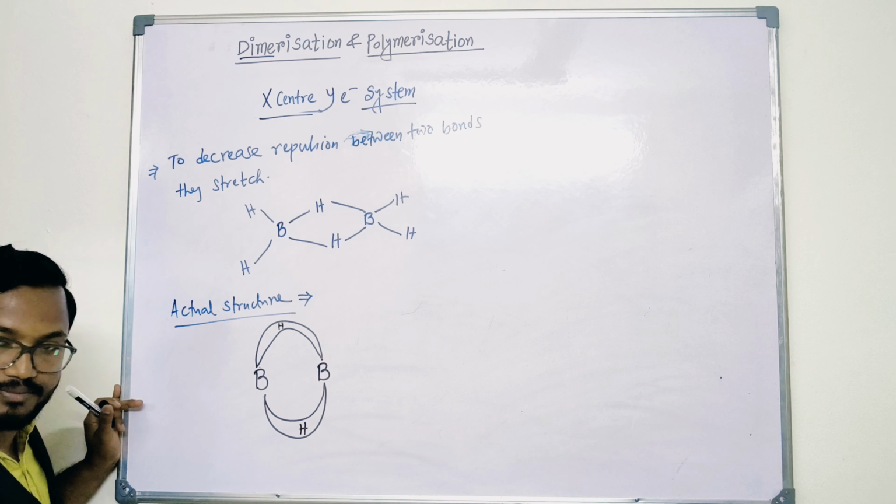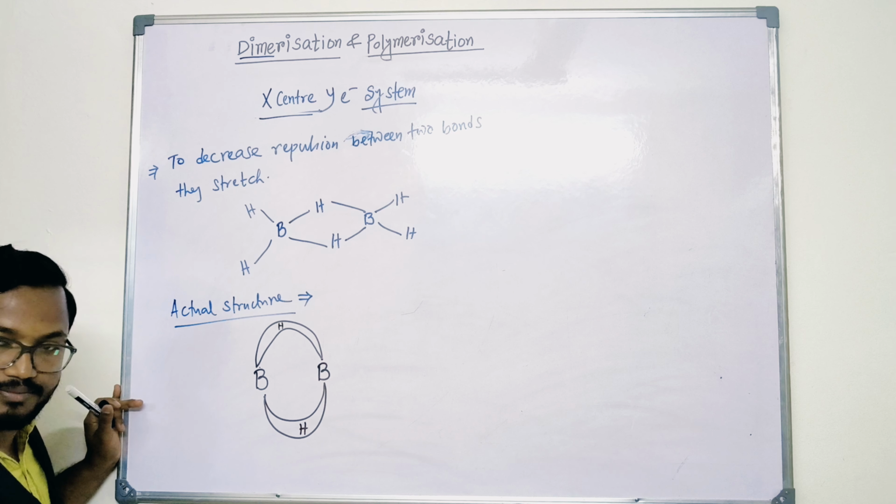B connected with one hydrogen, connected with another hydrogen, another B connected with one hydrogen, connected with another hydrogen, and in this case one bond is above and one bond is below. So this is the representation. What are the angular representations? In between them, the angle is near about 97 degrees.